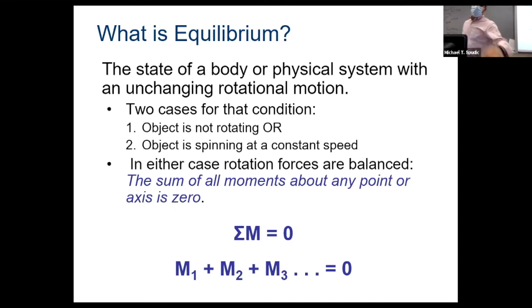With equilibrium, whether talking about forces or moments, there's a whole idea of the equilibrium. So the sum of the forces, the sum of the moments, if they add up to 0, the object doesn't rotate.